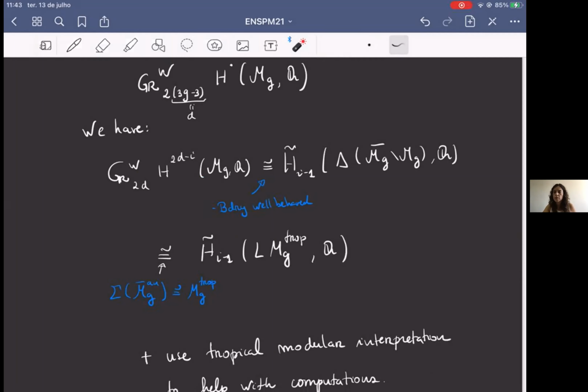So you really get new results. And now they could also show some conjectural non-vanishing results about cohomology of M_g that were not known. But as far as I understood, this is being pushed further, and there are maybe new things coming through. I think it's a very beautiful picture.